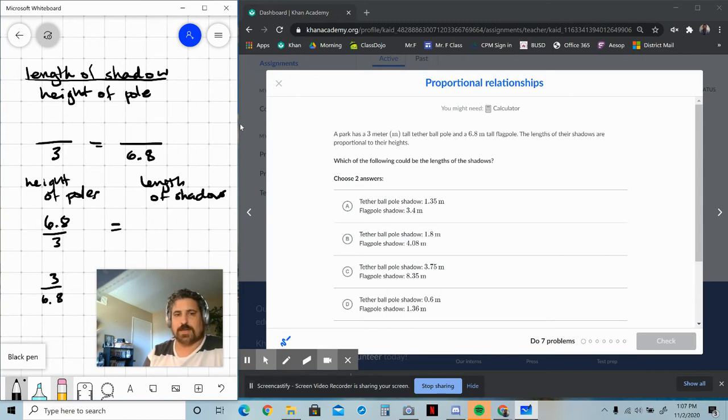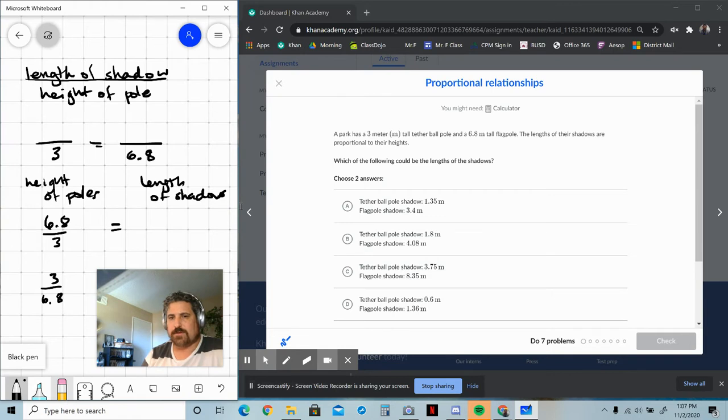Just realize that the ratio needs to stay the same. So if it's 6.8 over 3, the length of the shadow should also be in that same relationship, 6.8 over 3, same ratio. I think that's probably the easiest way to look at it here.